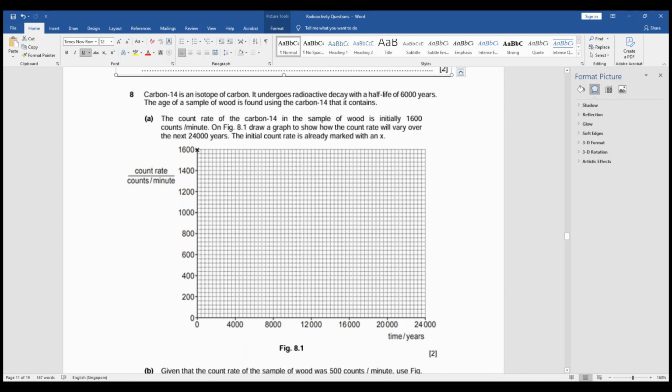I need a pencil. So at 800, where will it be? It will be at 6,000 years, so you will be in the middle here. About here. 6,000 is here, right? This one.